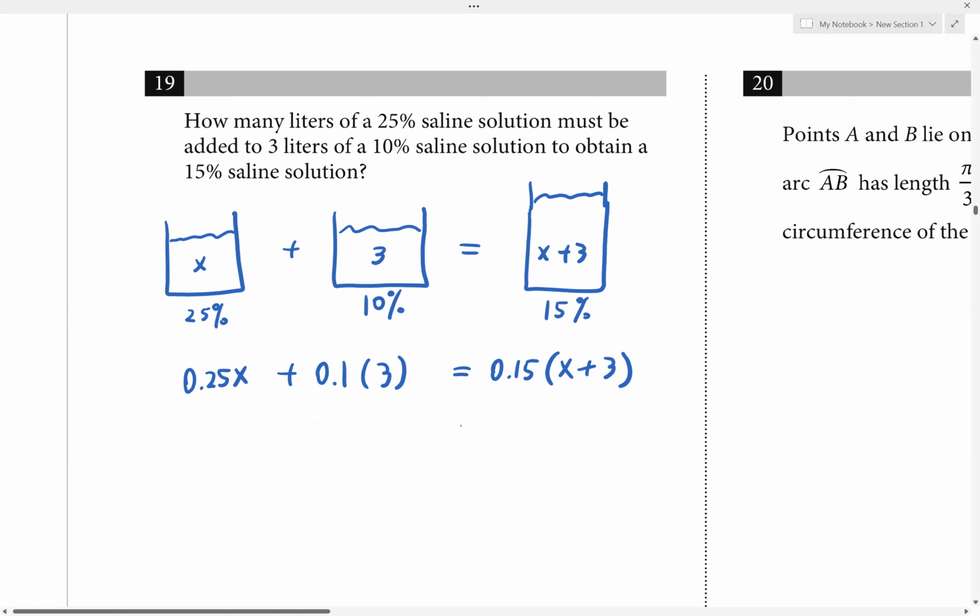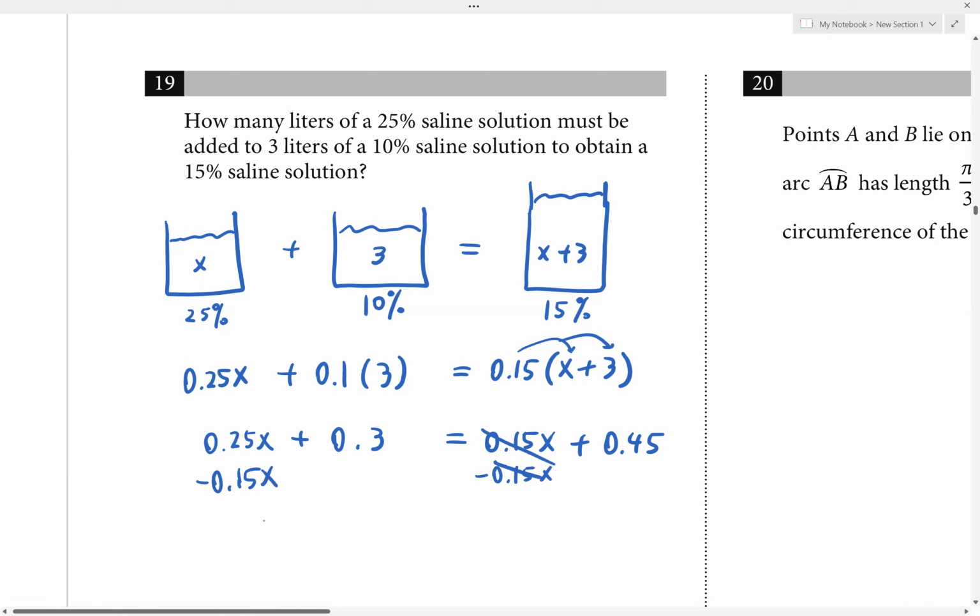To solve from here, we just solve the equation for X. So it'll be 0.25X plus 0.1 times 3, which is 0.3, equal to, here we distribute the 0.15 in front, 0.15X plus 0.15 times 3, which is 0.45. To solve for X, we do minus 0.15X on both sides.